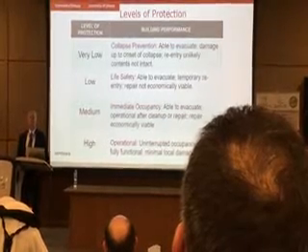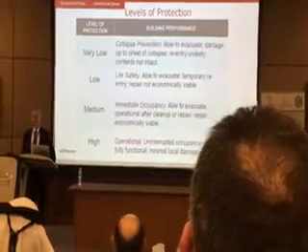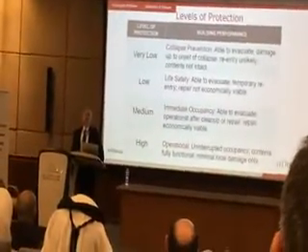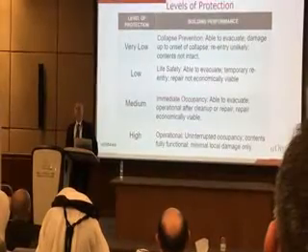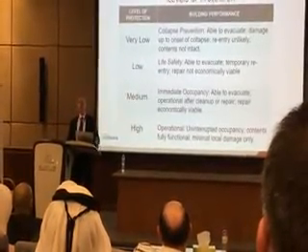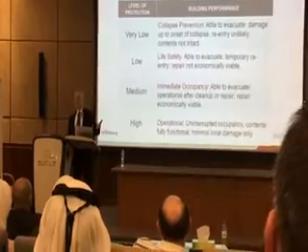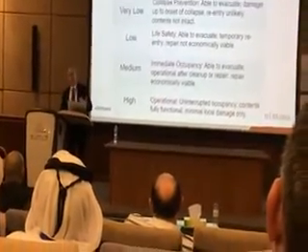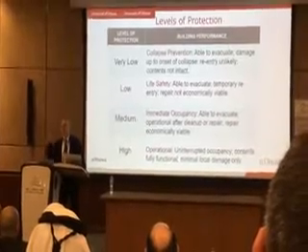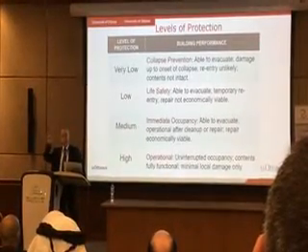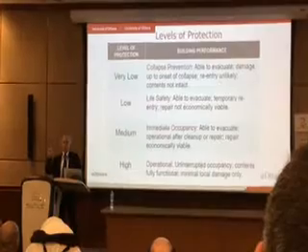If you have very low protection, which means the building is important but not that important, then you design buildings for collapse prevention. Collapse prevention means you sacrifice the building so long as you save occupants. Building comes on the verge of collapse, but it doesn't collapse. That means your deformation limits, your ductility has to be designed accordingly.